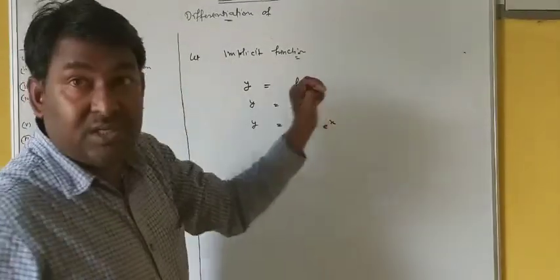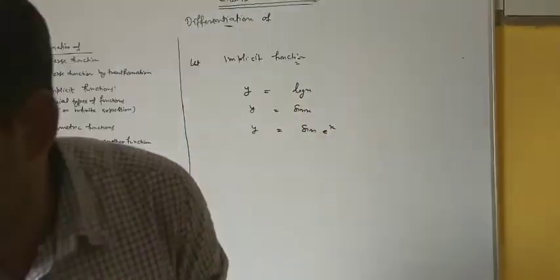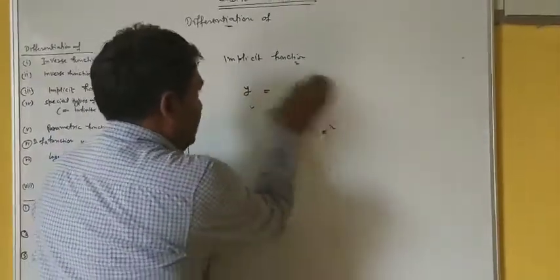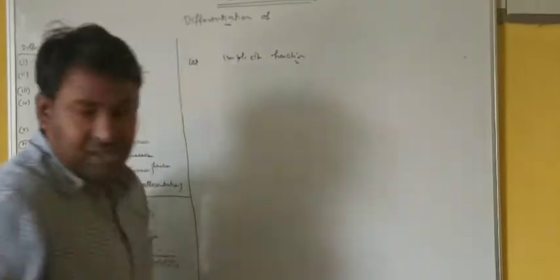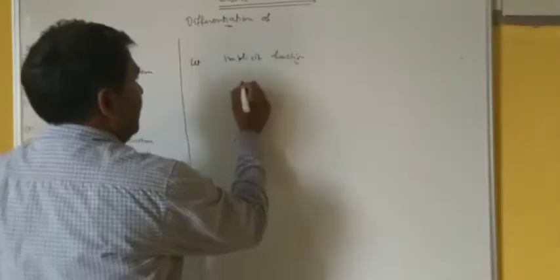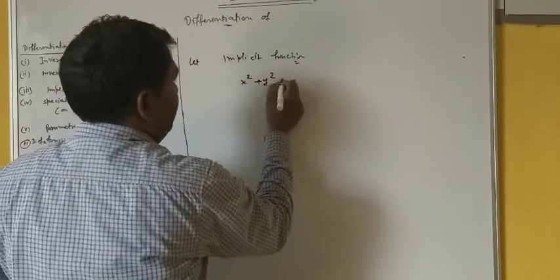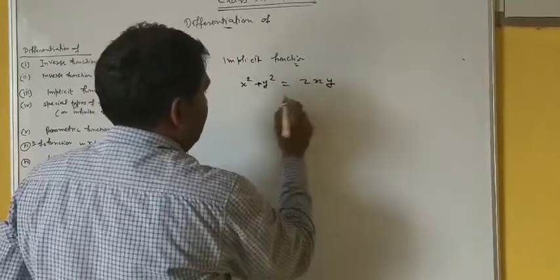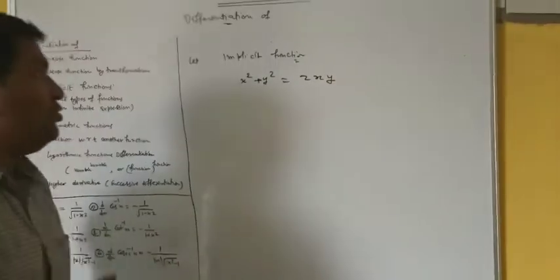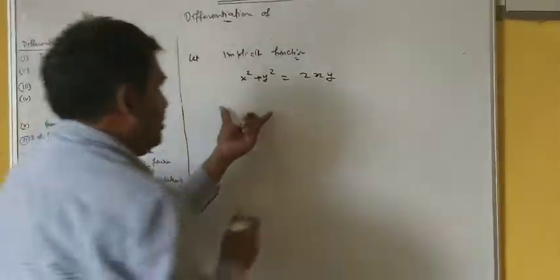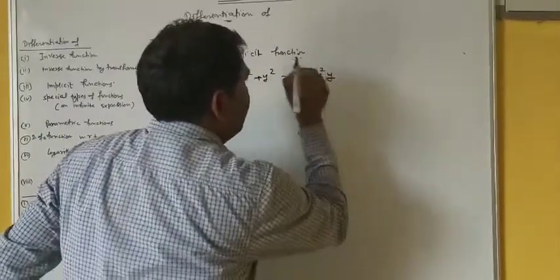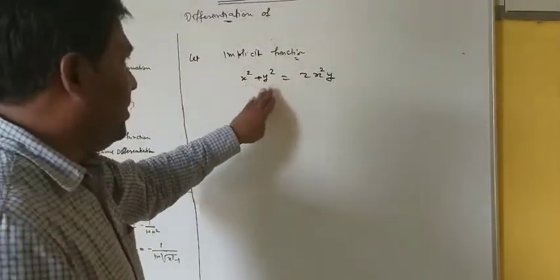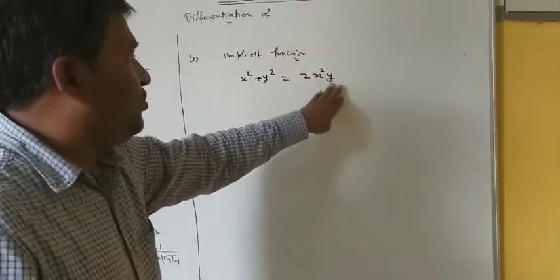But now implicit: if the function cannot be separated out in terms of y and x, like it is mixed in x and y, like x square plus y square is equal to 2x square y, then how can you separate it? Now see, here x square, here y square, here 2x square y.